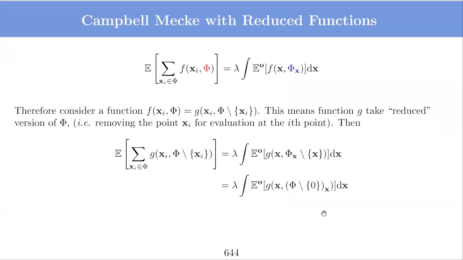Either you take phi, shift it to x and then remove the point at x, or you remove the point at the origin from phi and then shift it by x. So what I basically get is a conditional probability that phi has a point at the origin, and I want to remove that point and then shift. So this is nothing but the reduced palm expectation, E0 exclamation mark, of g(x, phi).